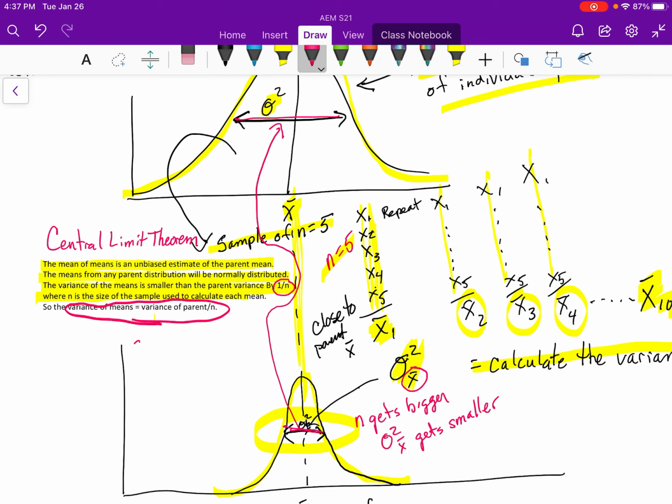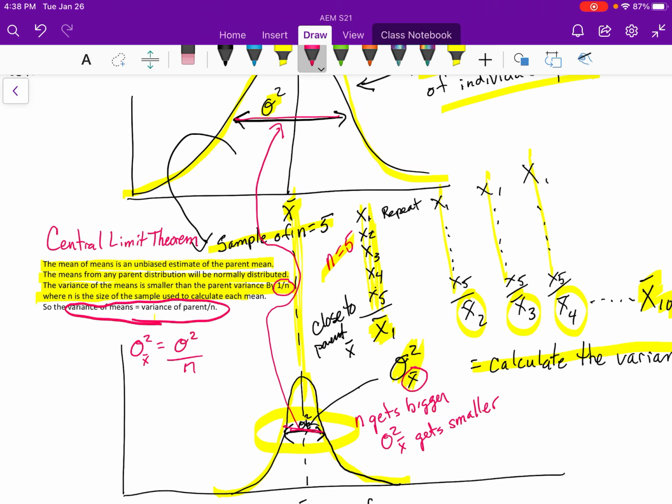Let's try this again. I would write it out and I would say the variance of the means is equal to the variance of the parent distribution divided by n. Now n is not 100 here. It's not the number of replications we did. It is the number of samples used to calculate each mean in this distribution of means at the bottom here.